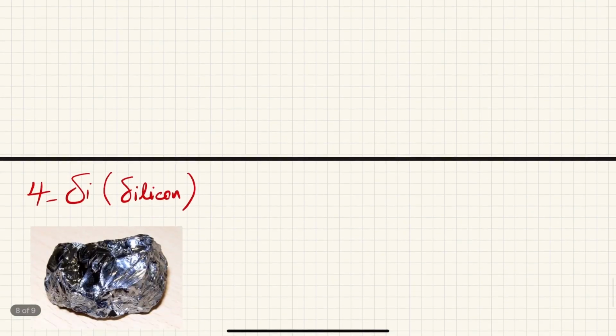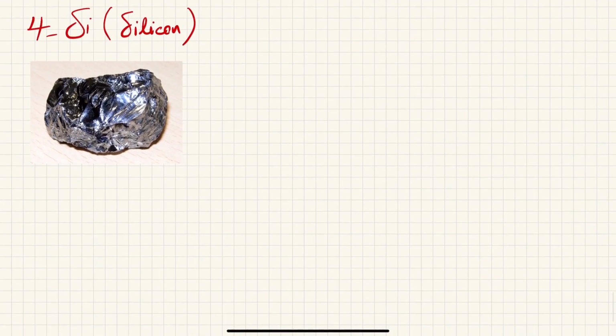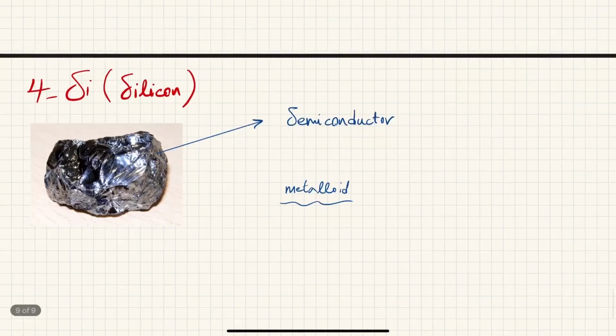Okay, let's head to the last one and wrap it up. Silicon. Well, silicon is famous for its usage in electronic chips and boards, and it's famous because of its semiconducting behavior. Also, by taking a glance at the table, we can find out that silicon is a metalloid too.